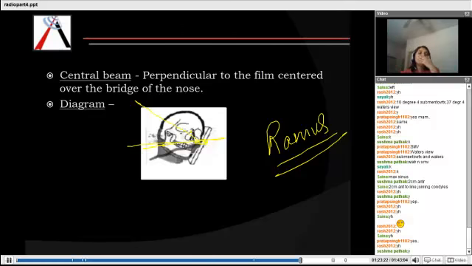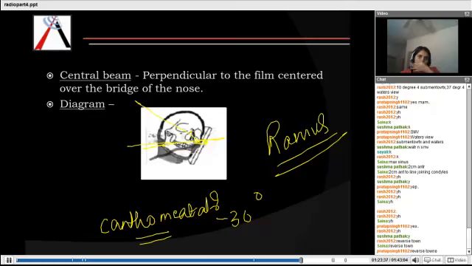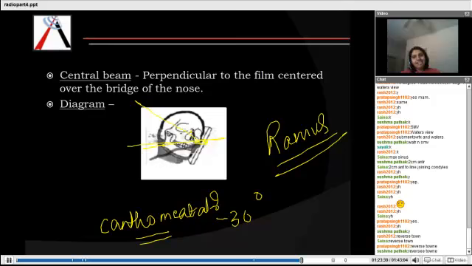Okay, 30 degrees. Where did we have minus 30 degrees angulation of the canthomeatal line? Yes. And where did we open the jaws, open the mouth?